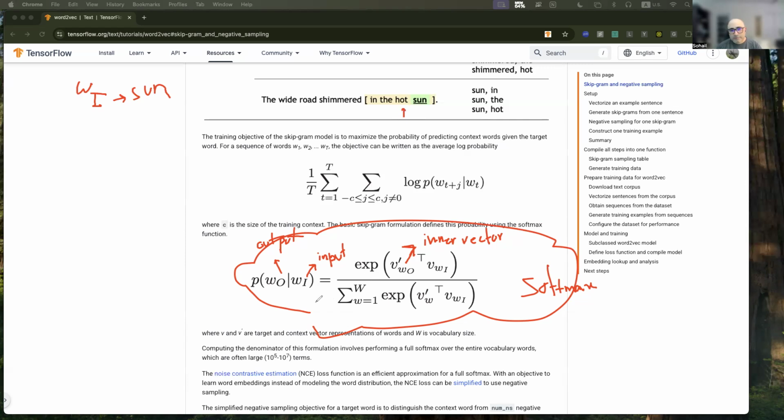So in order to calculate this probability, that would be the multiplication of this inner vector between this output and the word embedding of the input. So in this case, WO would be hot.